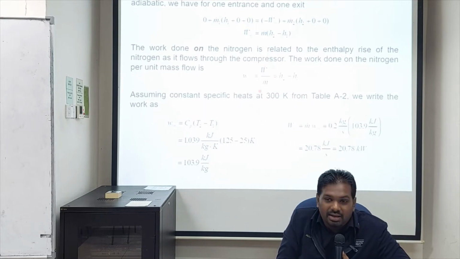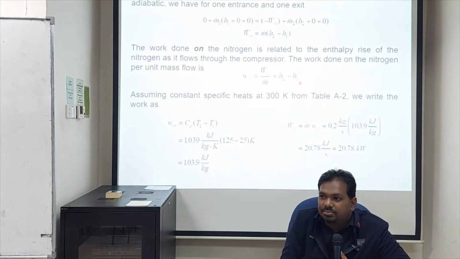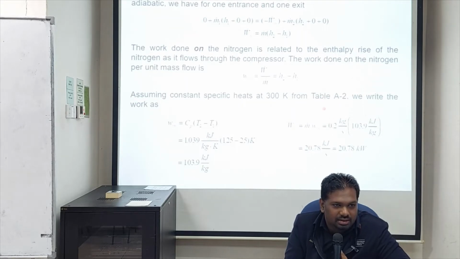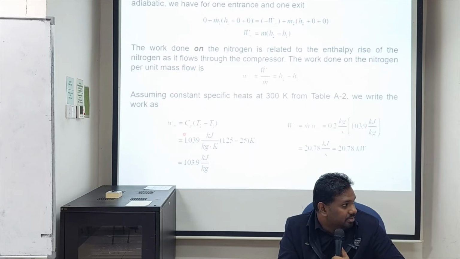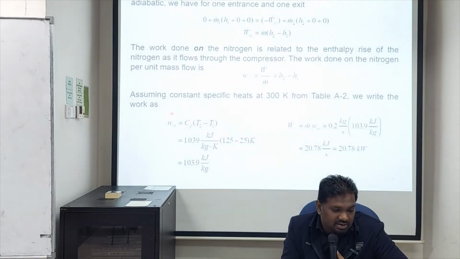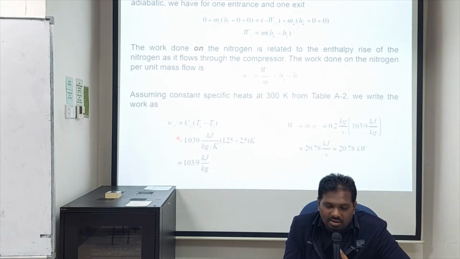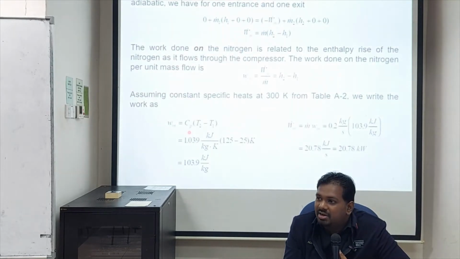So W besar bagi dengan mass. Okay, so kalau formula ni bagi dengan mass, you dapat h2 minus h1. Okay, so this is from table A2 tadi. So table A2, so the formula is, okay, this is from your previous slide, previous chapters. So w in equals to Cp. So this is for ideal gas. Ideal gas you boleh gunakan formula ni, Cp. Cp dapat dari mana?